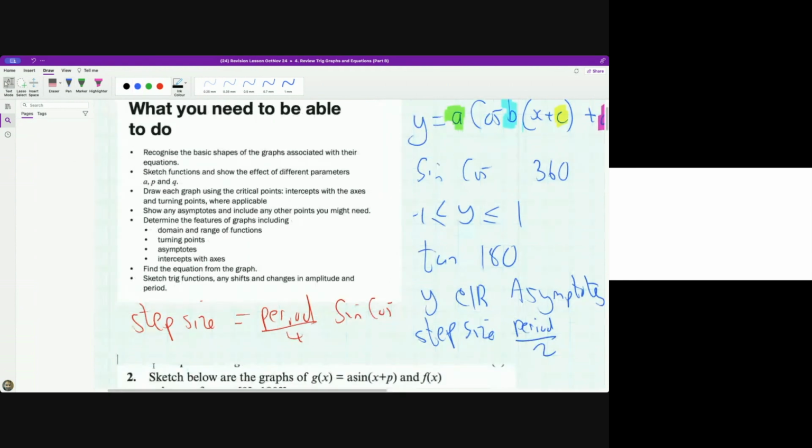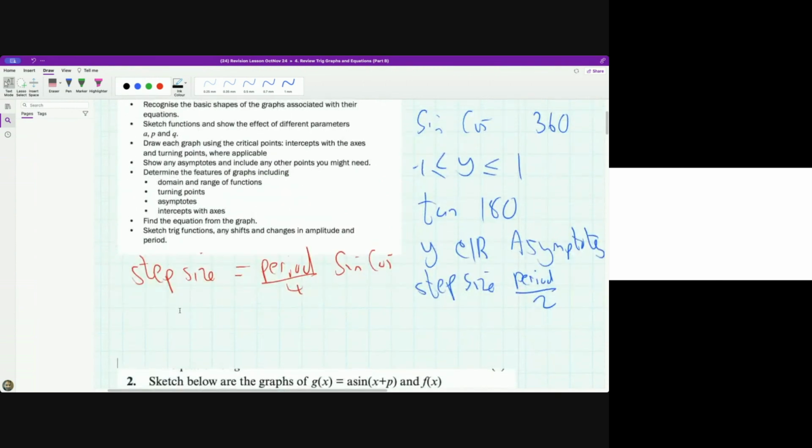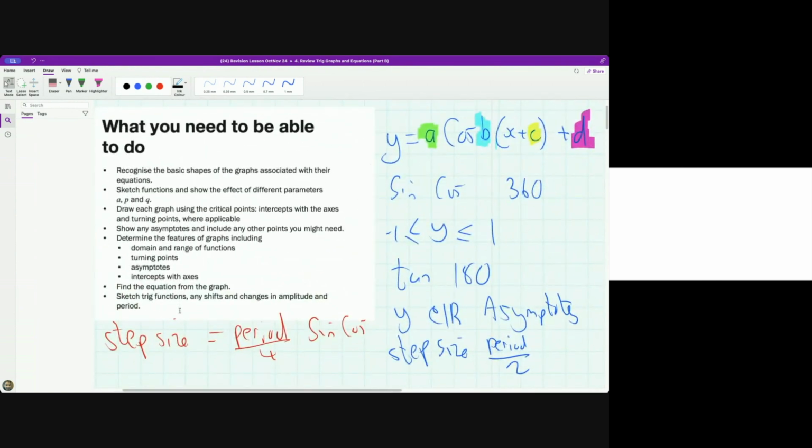Give me a thumbs up if most of that sounds familiar from the last lesson. Give me a thumbs down if you're like, what are you talking about? So if we look at this theory note, what do you need to know? You need to know the basic shapes of the graphs. You need to know the effects of A, P, and Q. This is sort of normal stuff.